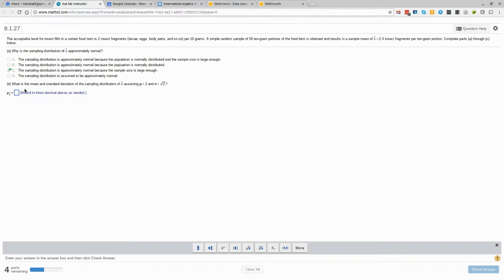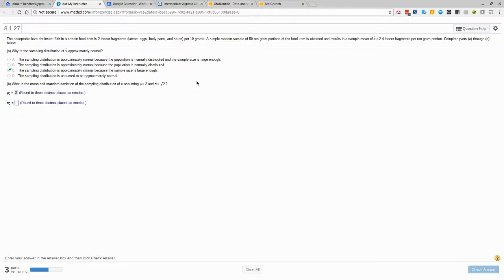The mean of the sampling distribution will be 2, just like the population. And the standard deviation actually isn't the same, but if we take the population standard deviation and divide by the square root of the sample size, we'll get it. So what the sample size really does is it keeps the same mean, but it shrinks the standard deviation because you're always dividing by the square root of some positive number. So here that's 50, right?